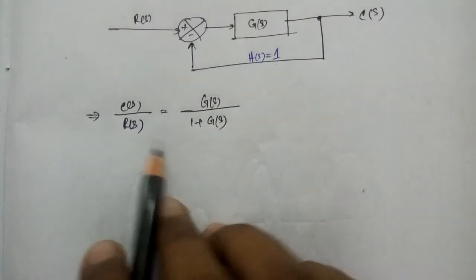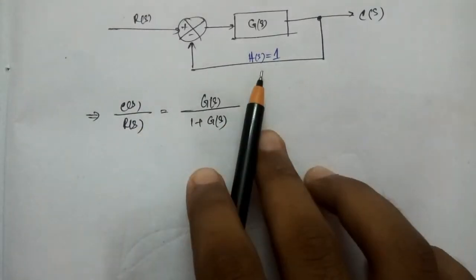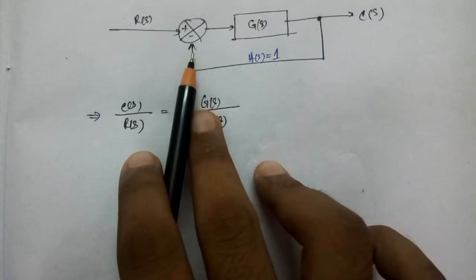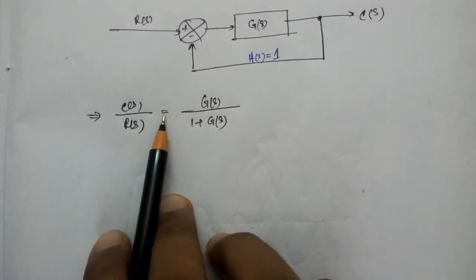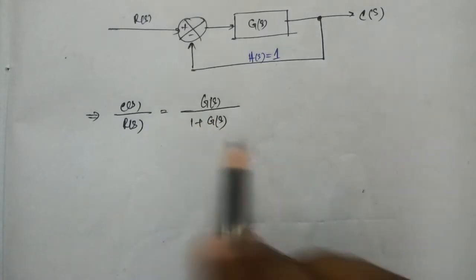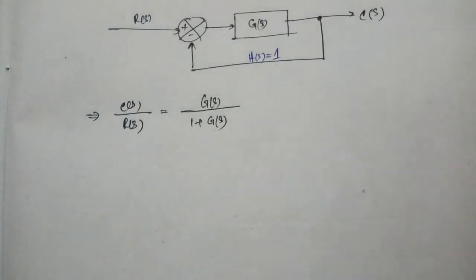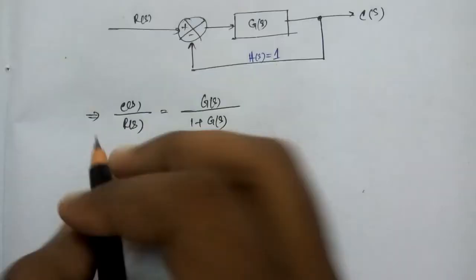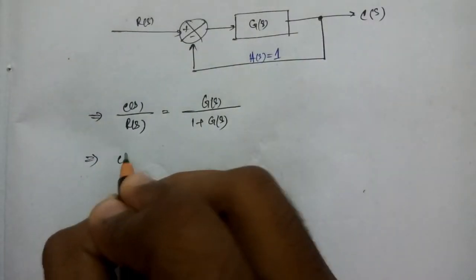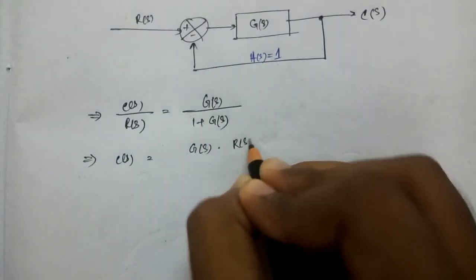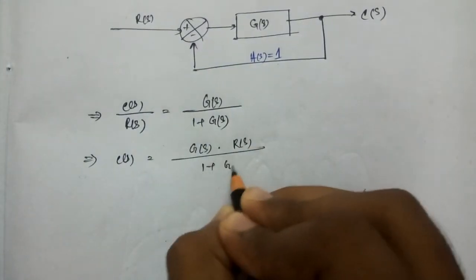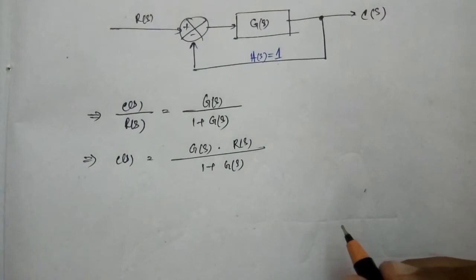Now you know that when feedback is unity and we are taking negative feedback, because negative feedback provides more stability to the system, C(s) by R(s) will be G(s) by 1 plus 1 into G(s), that I am directly writing as G(s). So now I am taking C(s) equal to G(s) into R(s) by 1 plus G(s).